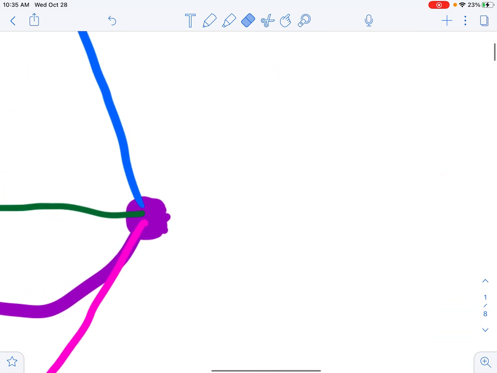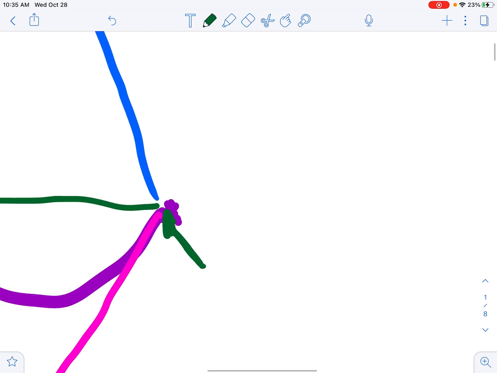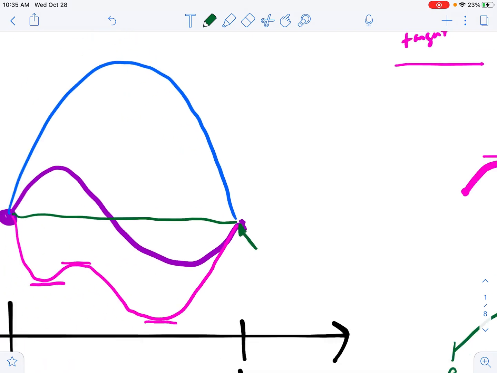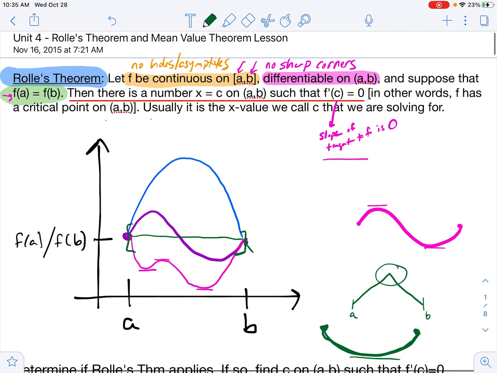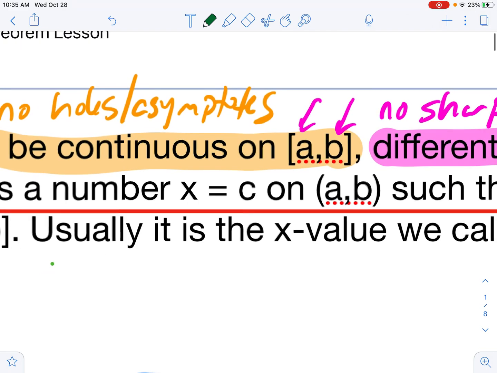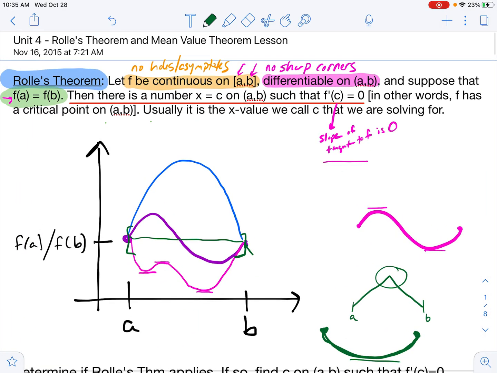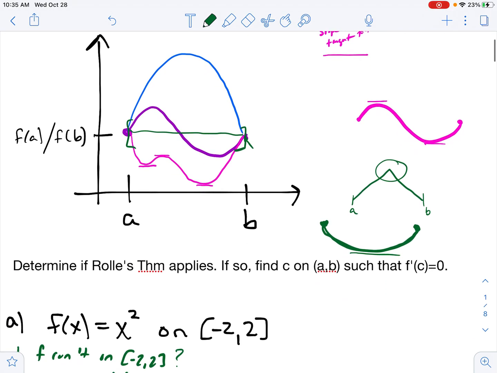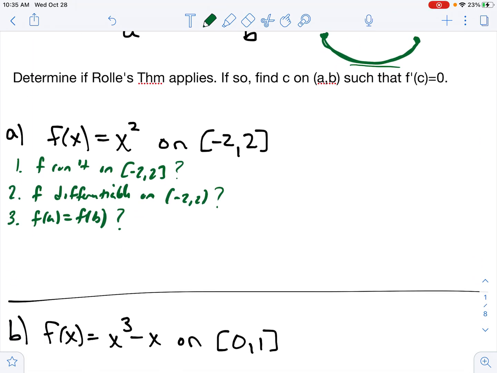But because we're on a closed interval, we can't really come into the slope of any of these functions from the one side, and so on. It's not something we need to worry too much about right now. So don't get bogged down on that detail. Why continuous on the closed but differentiable on the open? That's just the way it is because of the intricacies of the limits going on. I don't want you to get bogged down with that. But let's take a look at how these problems work. I think I've rambled on long enough.